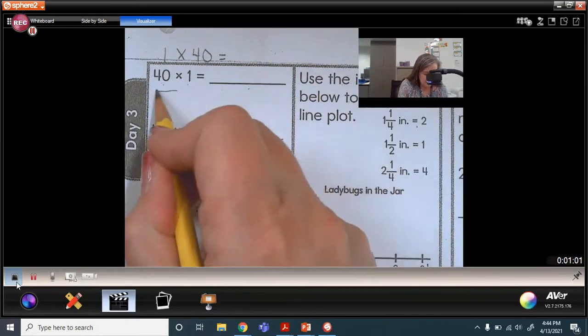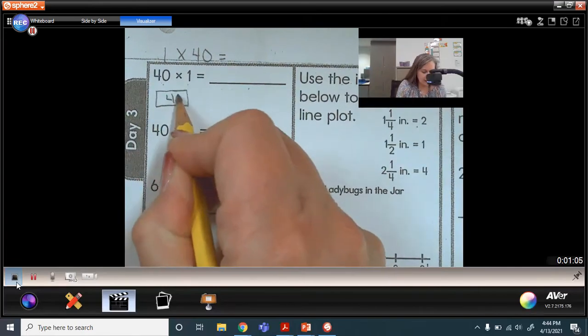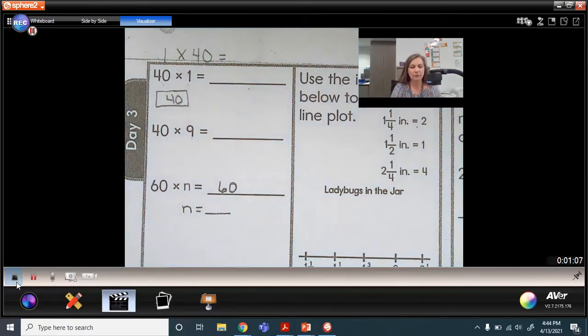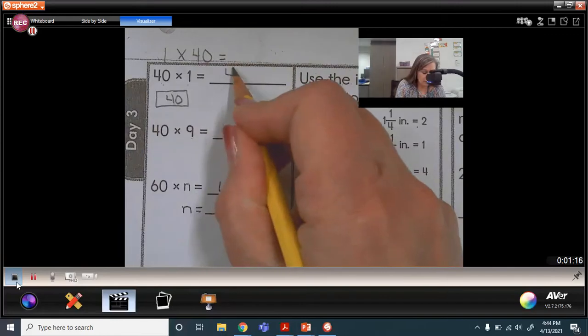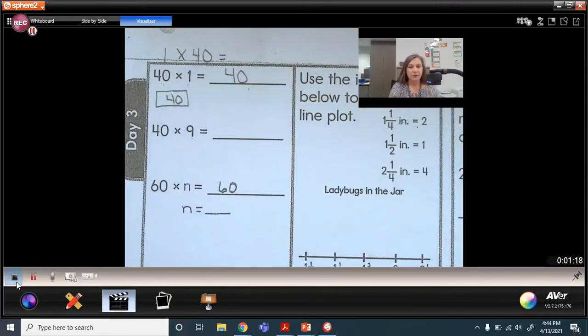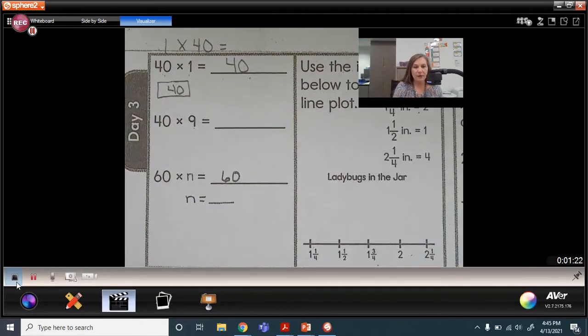So let's think about one group of 40. If I have one group of 40 or 40 groups of 1, that would give me 40.